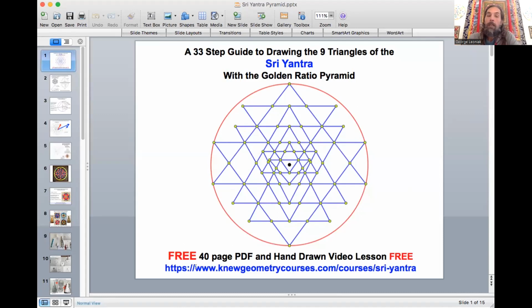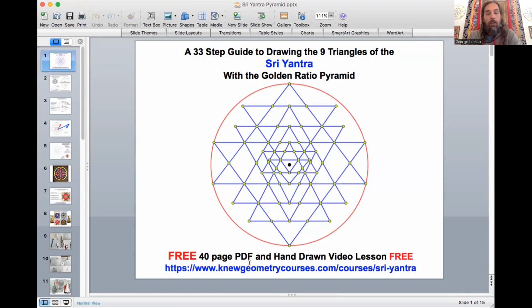There's a free 40-page PDF that I put together that shows you step by step how to go through the method and draw it, right on my New Geometry Courses website, also with me doing the drawing of it by hand.